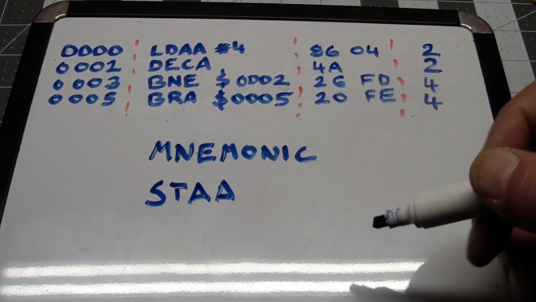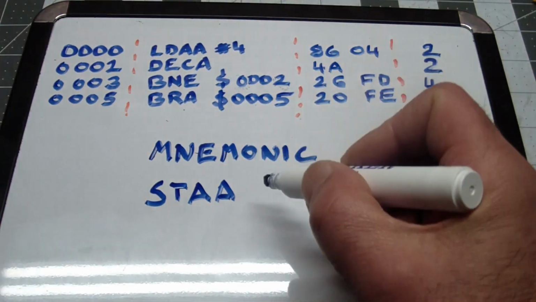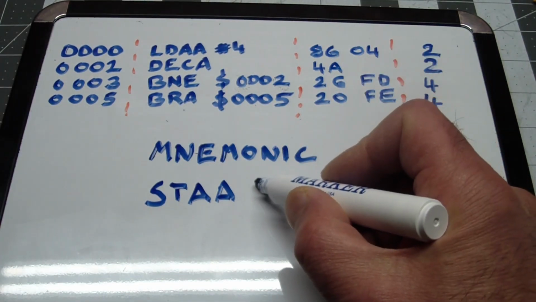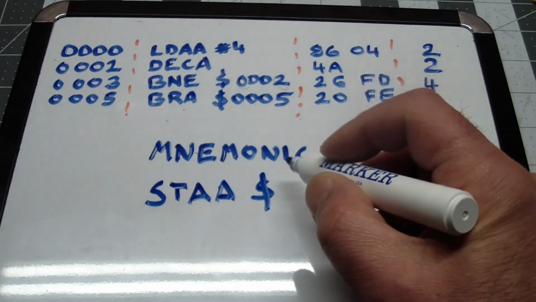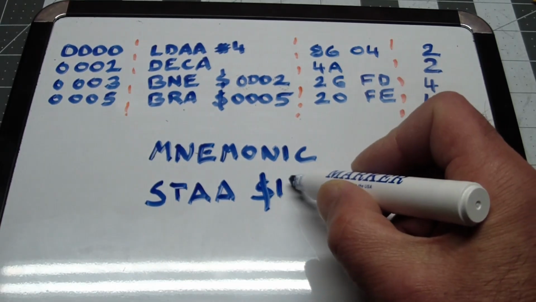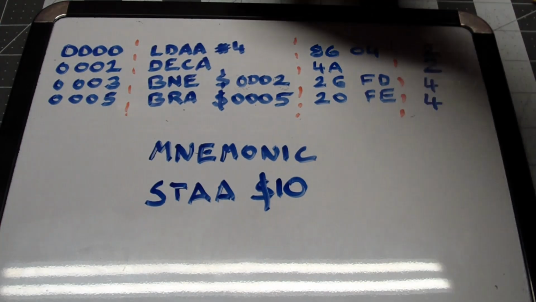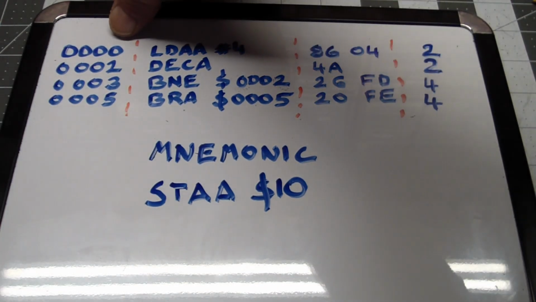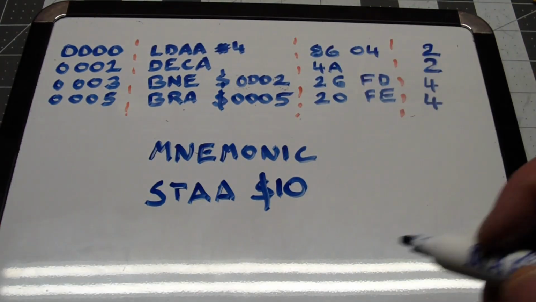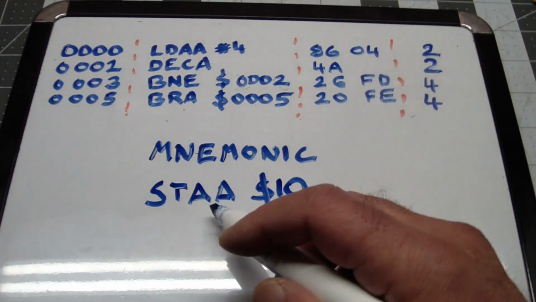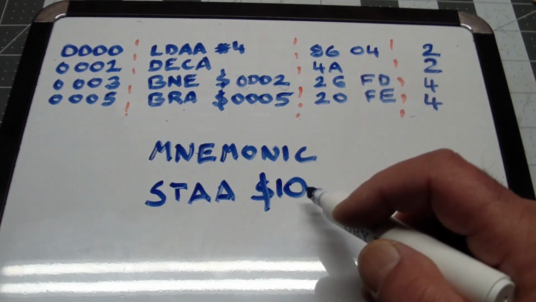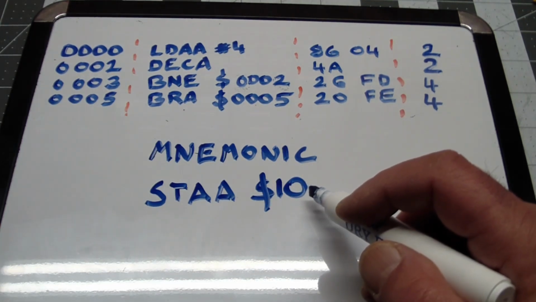So basically we have to use a different addressing mode, and what we can say here, store in, we're going to use direct addressing, which limits you to memory locations from 0 to FF, or 0 to 255. But this would store whatever value is in A into memory location 10.